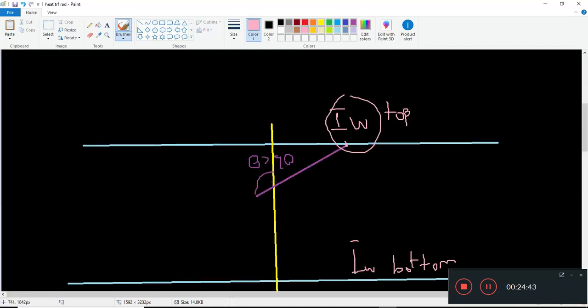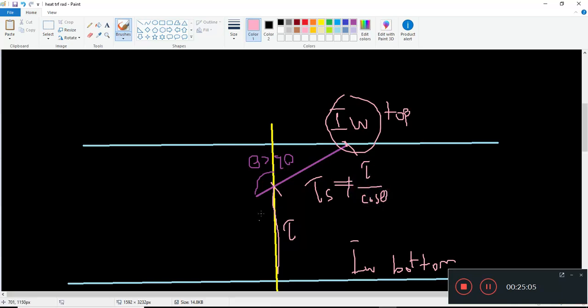And this length, this is the tau s. It is not this tau over cosine theta anymore, right?